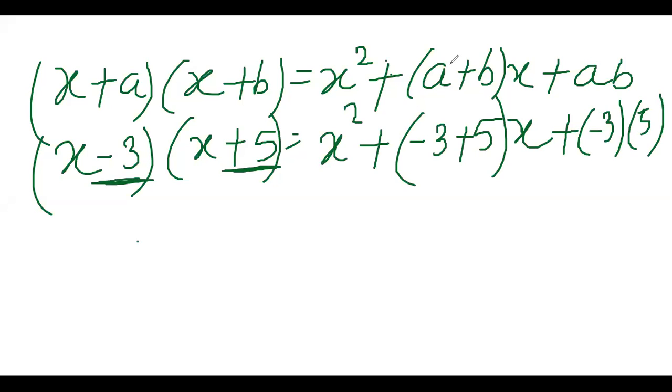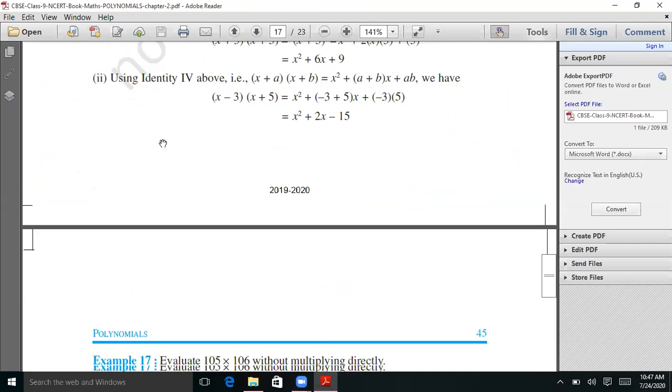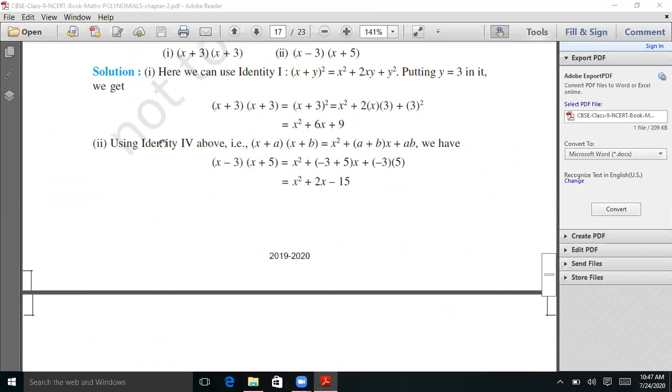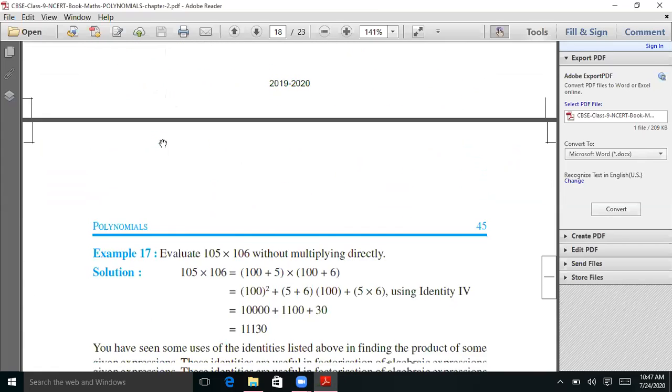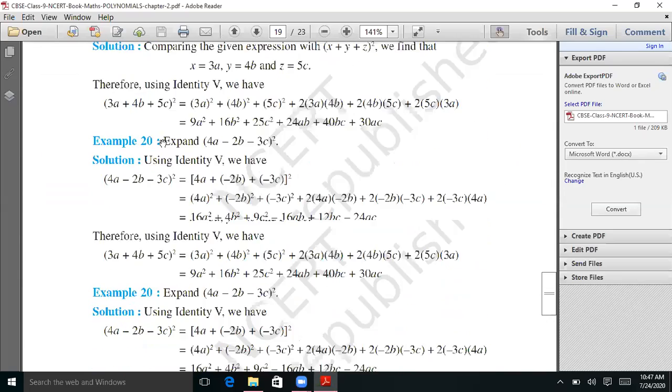Solve it now. x square plus 2x minus 15. Yes, x square plus 2x minus 15 is the answer here. Next, on the basis of it, let's start the exercise.